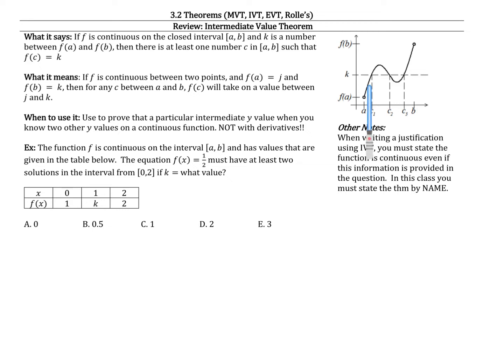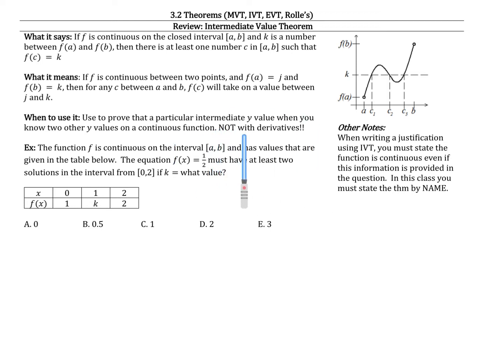If I never lift my pencil to go from point A to point B, then I'm passing through k somewhere along the way. It could be once, it could be twice. In this picture, it looks like it's 3 times. The key idea is that the intermediate value theorem guarantees we pass through each value at least once if it's continuous. When you use this to prove that a particular y value has to exist between 2 other y values.